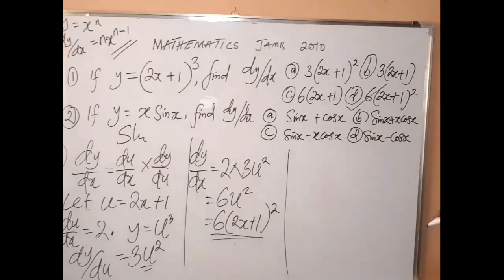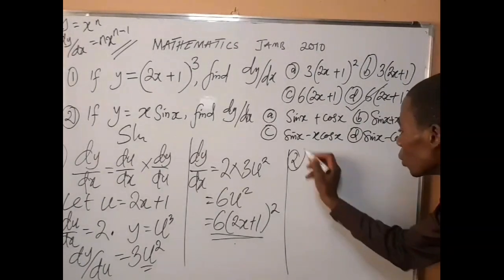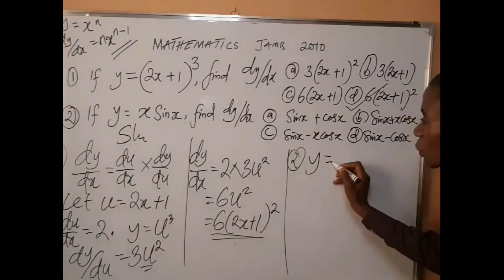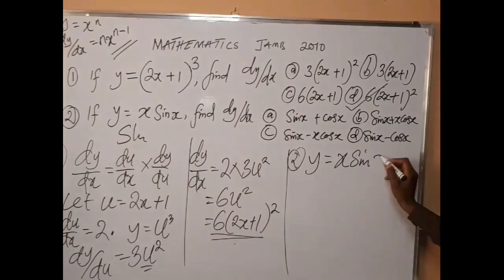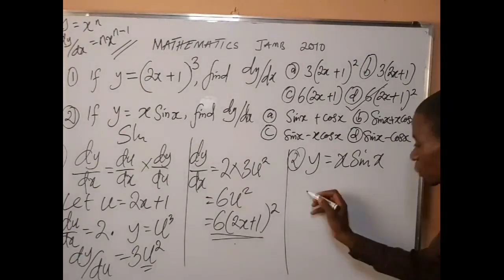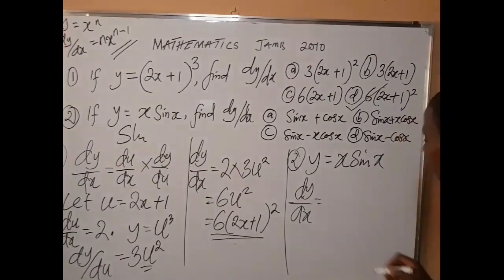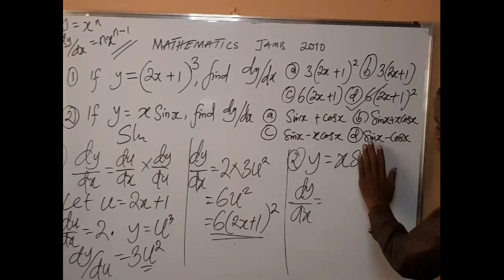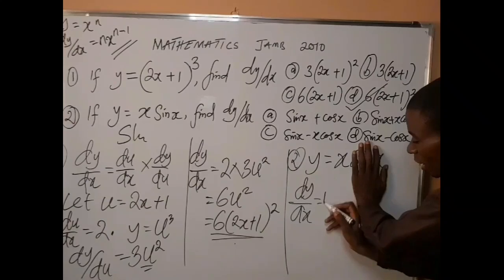Number 2, we use a very simple method, open and close method. The number 2, y is equal to x sin x. Okay, so the first one, you write dy/dx equal to, you close this, you differentiate x. When you differentiate x, you have 1.